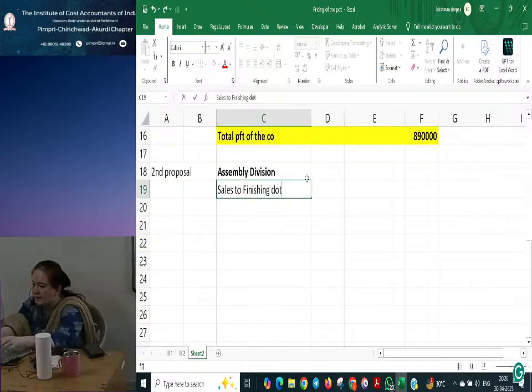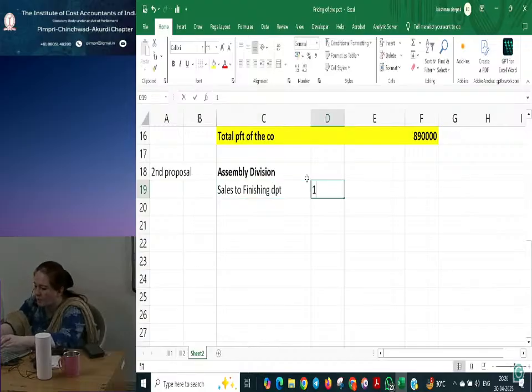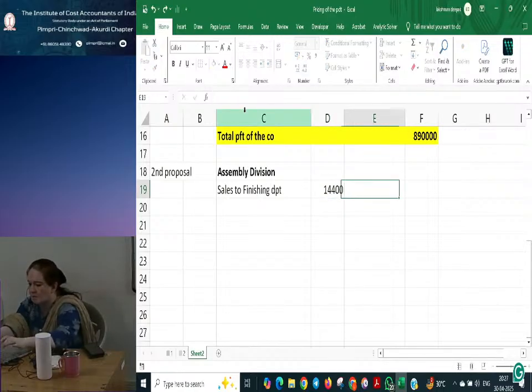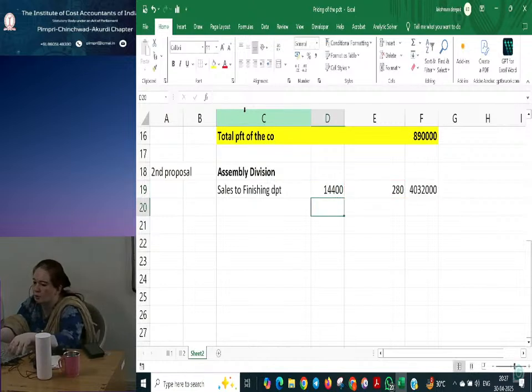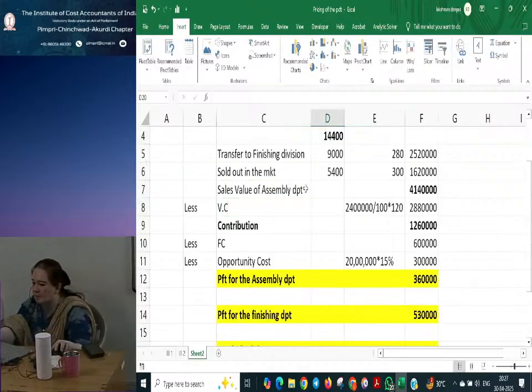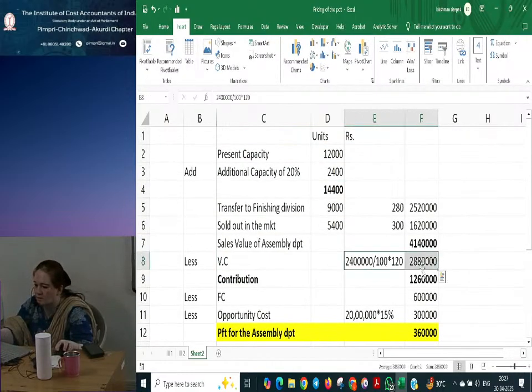So the entire 14,400 units will be sold at 280 rupees per unit, which will be 14,400 into 280. But if you look at variable cost, the calculation is going to remain the same, which is this much.